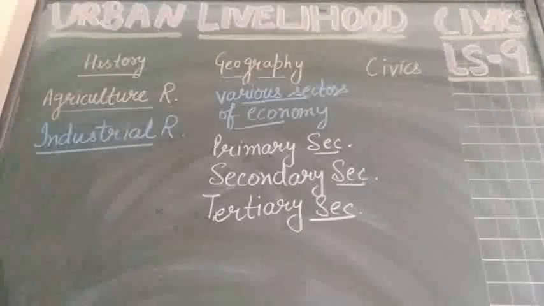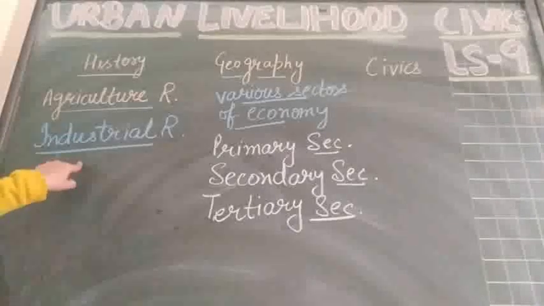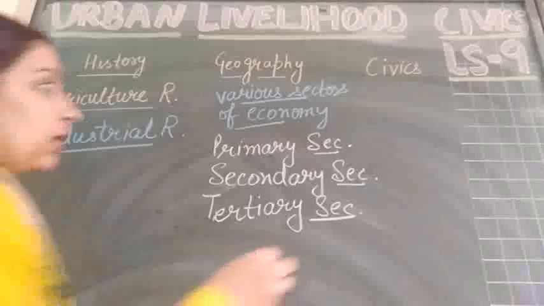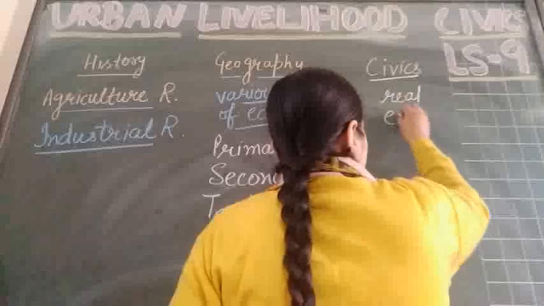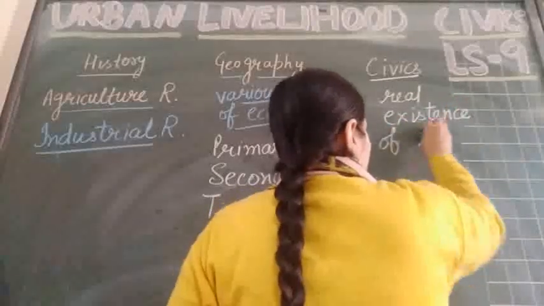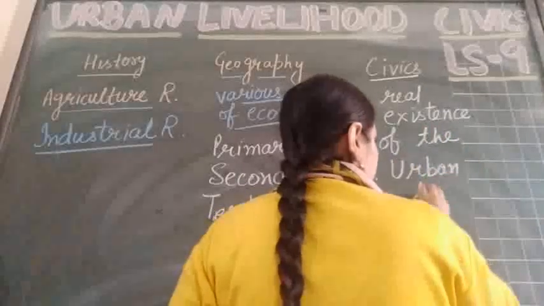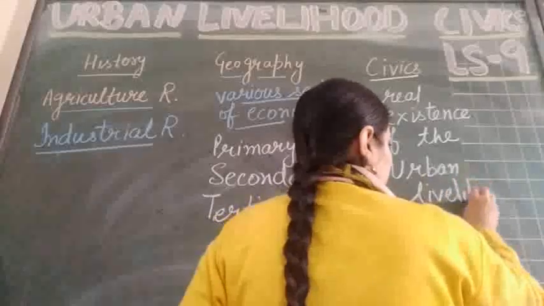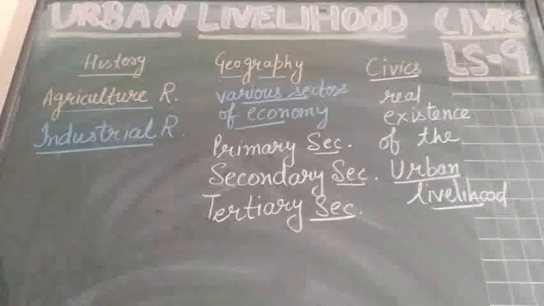And when we talked about civics, we would understand how the agriculture revolution and industrial revolution help in the real existence of urban livelihood.